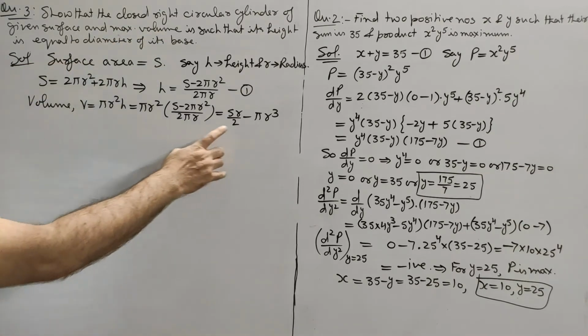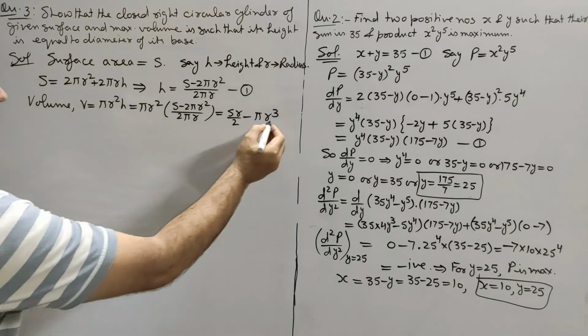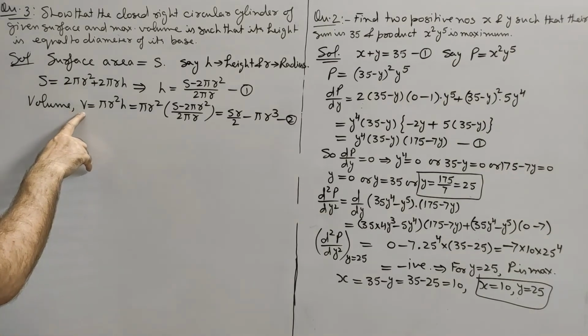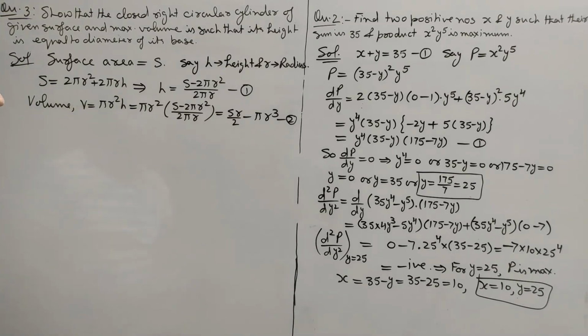Since volume is a function of r, so first we will find out the values of r for which volume will either be maximum or minimum, and we know that those points can be obtained by putting the differentiation of V with respect to r as 0.